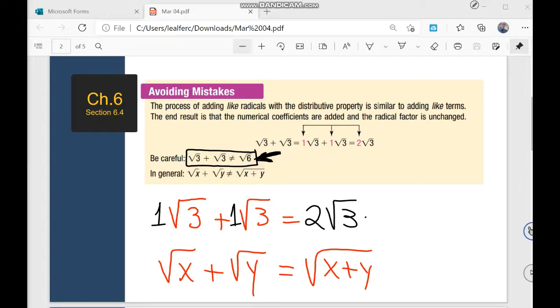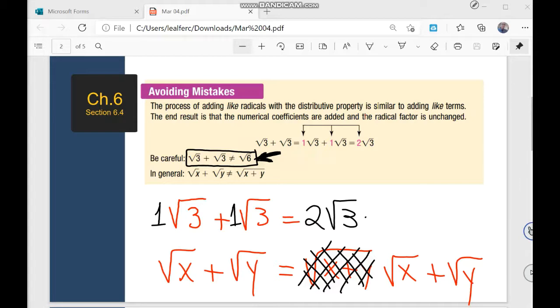No, this is wrong. This is completely wrong. Don't do this. If you have a square root of x plus a square root of y, there's nothing you can simplify. You just keep it like that. You just don't have any kind of combination.